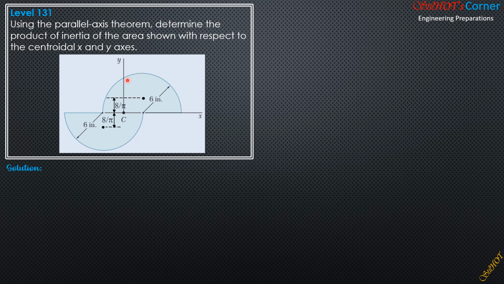So remember that these semicircles have axis of symmetry, therefore their centroidal product of inertia would be 0. It's only the area times x barred y barred part which has value for the product of inertia with respect to the xy axis by transfer formula. So Ixy, considering this first, is equal to 0 plus area pi 6 square over 2, x barred 3, y barred 8 over pi.